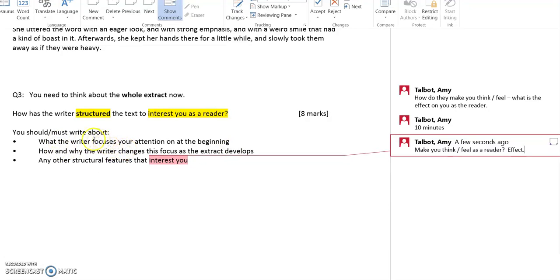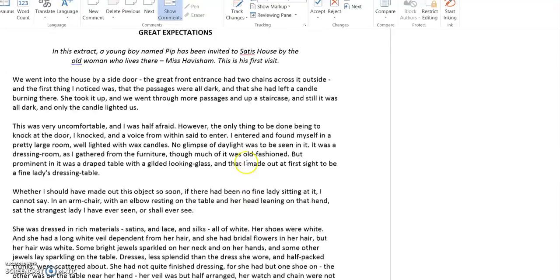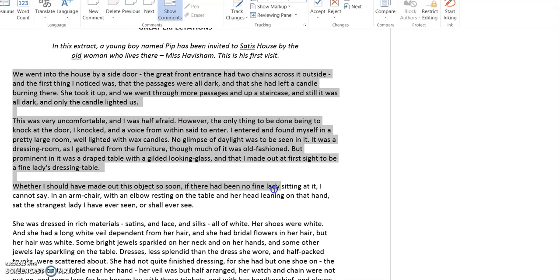And so just before I get into annotating the text, you've got these bullet points asking you to look at the beginning, and then asking you to focus on any changes as the extract develops. If I go back up to the extract, what I would do is chunk it off into 3 sections. So that's the beginning. I'm going to look at what the writer focuses in on there, see if I can spot any techniques to do with structure that have an effect on me, that make me think or feel something.